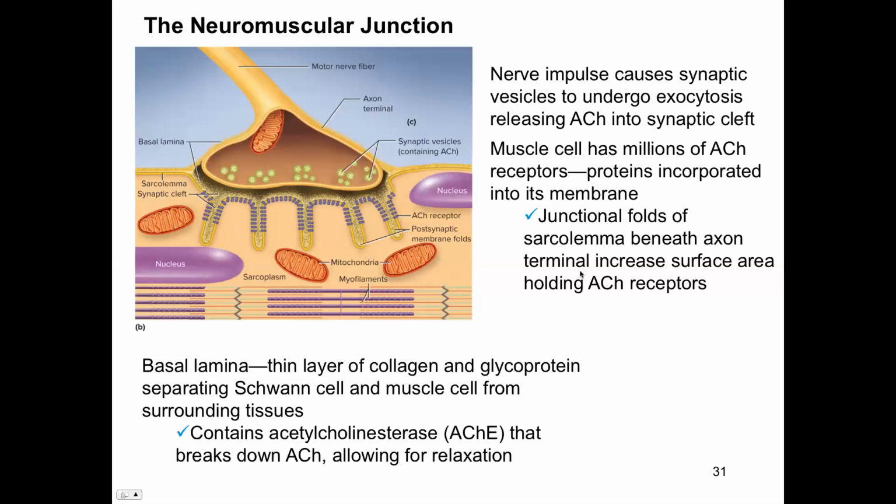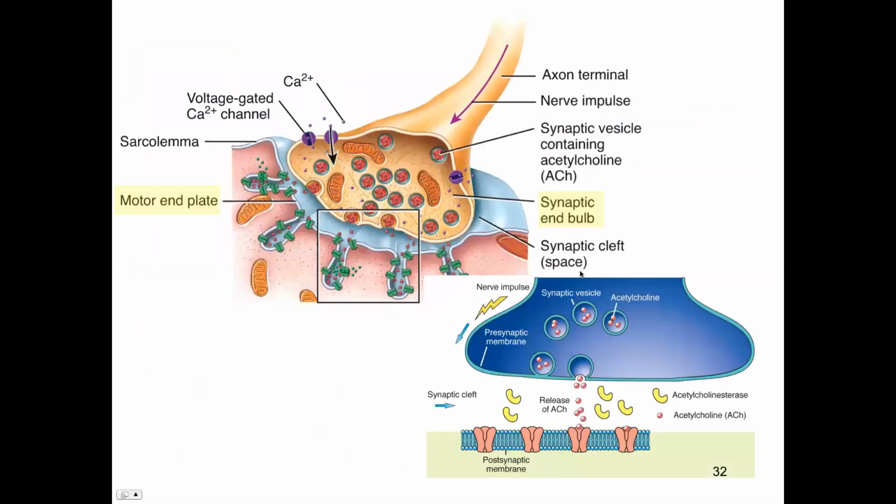Okay, so here we have these voltage-gated calcium channels in the neuron. That allows for the fusing of the neurotransmitter-containing vesicles, and the neurotransmitter, shown in red here, binds to its receptor on the membrane of the muscle cell.